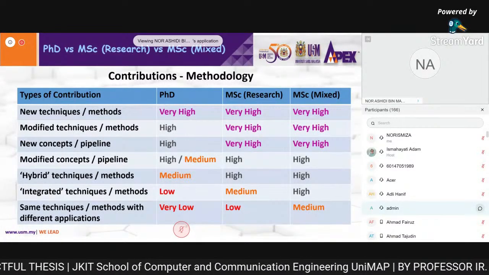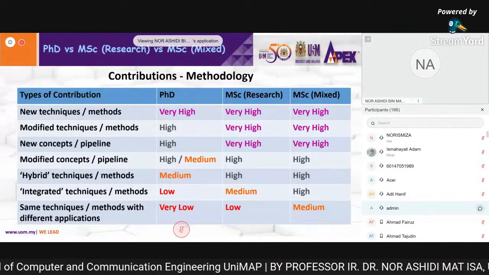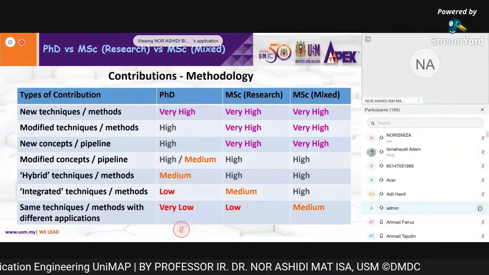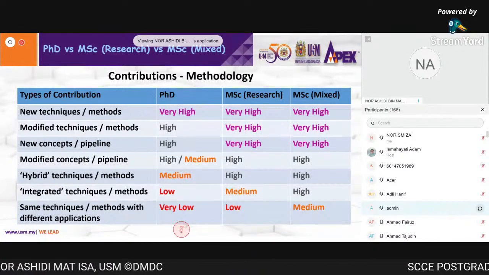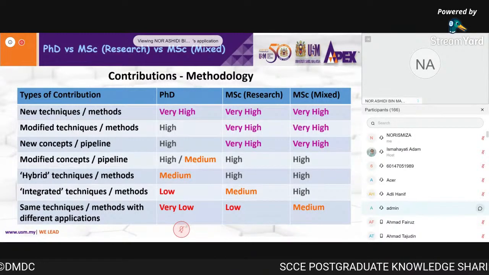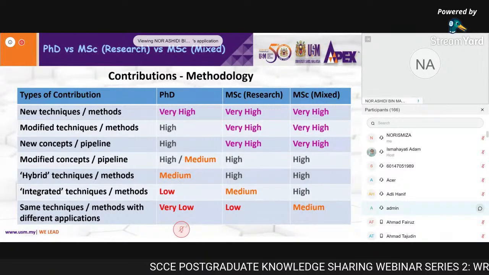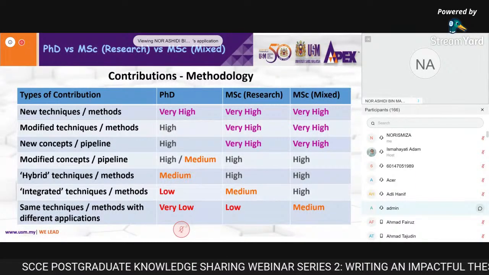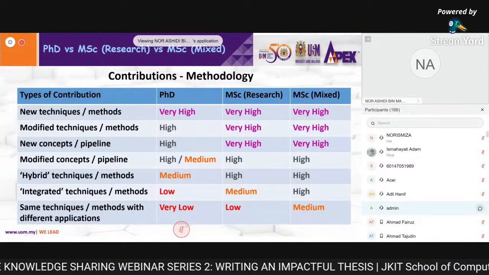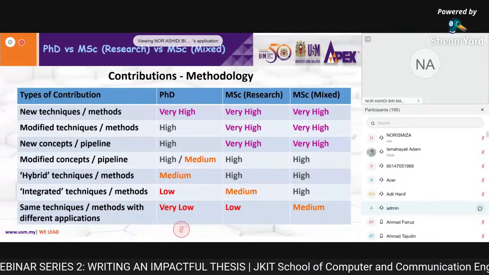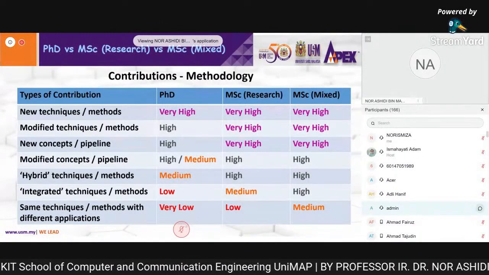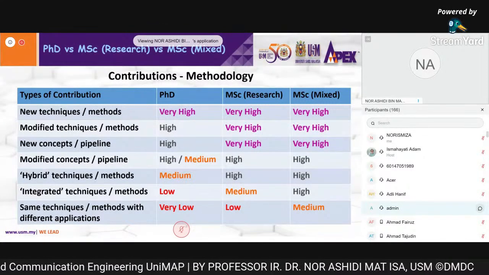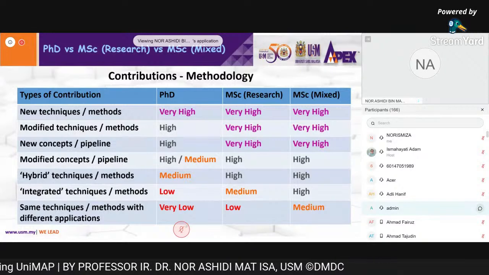Let's say they have methods A and B. Method A has not been used yet in medical, for example. It is only used in industry. So you want to investigate whether method A can be used in medical or not. So you use method A exactly, then you just apply it to medical data, for example. So this is a very low contribution for a PhD.